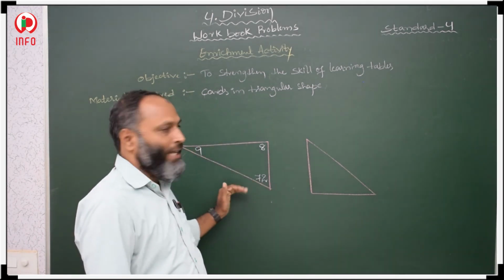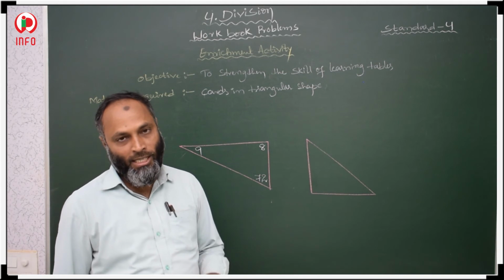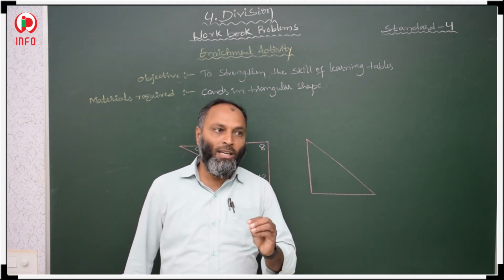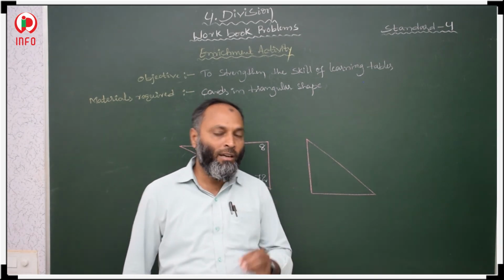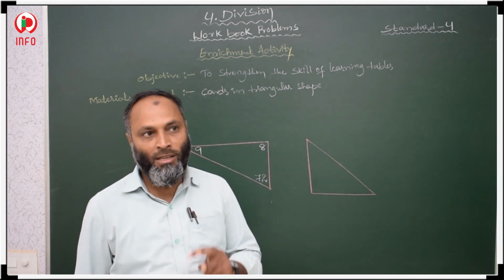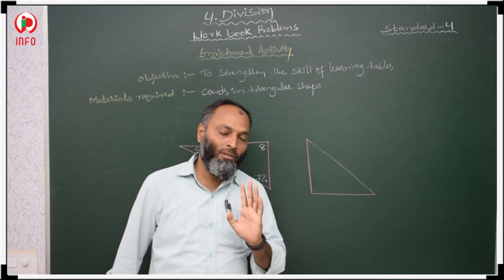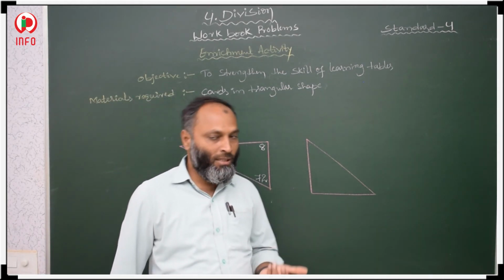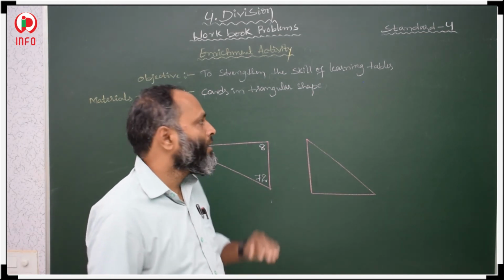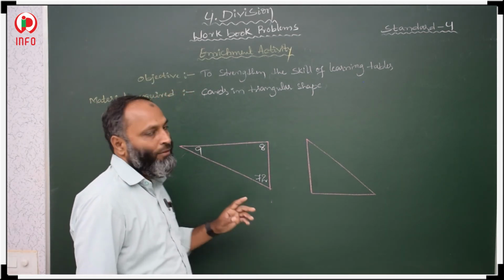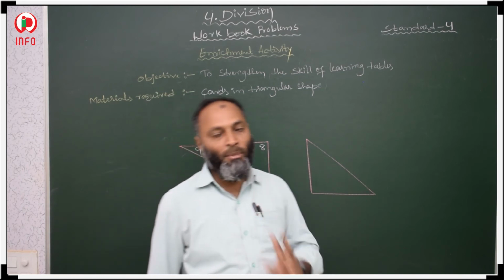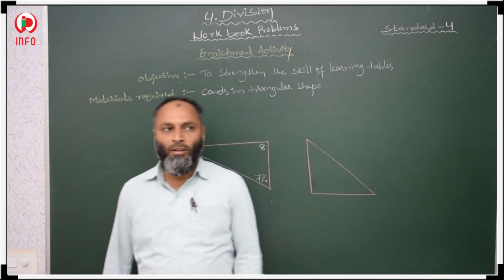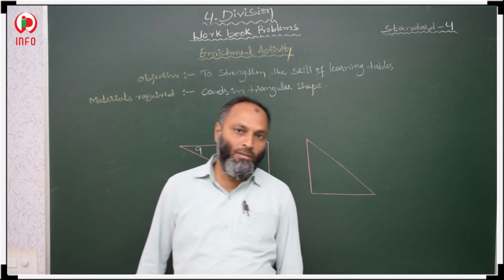By doing this activity you should know the multiplication facts as well as the division facts, and also how to learn the tables by heart. For this, you have to use triangular shape cards and also color pens, if you have.